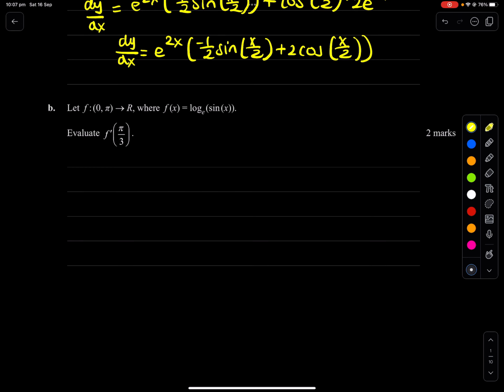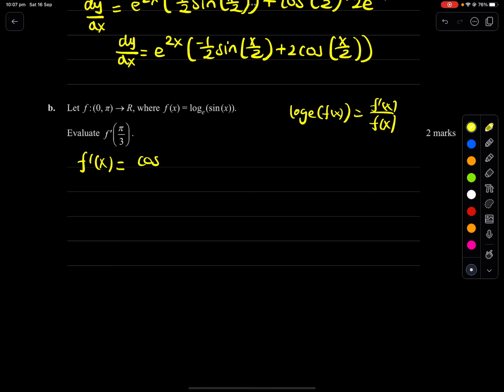So let f of x be this and evaluate that. Okay, straight away you should know that when you have a log e and a function like f of x, the derivative is f dash of x over f of x. So for this one, f dash of x is, what's the derivative of sine? It's cos x over sin x. So what's f dash of pi on 3?